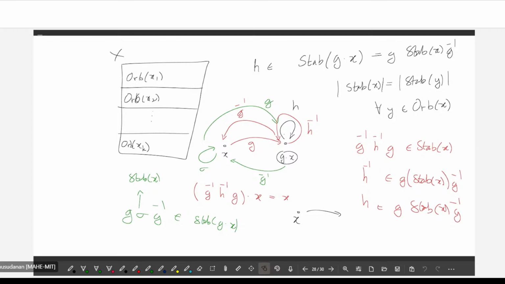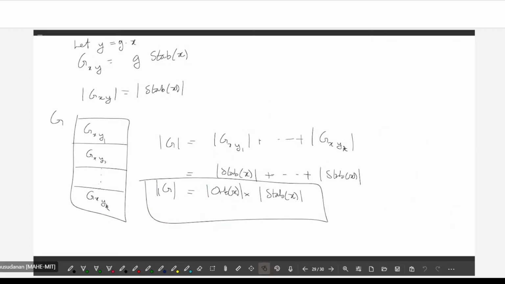Then we've defined orbits and stabilizers and proved the orbit stabilizer lemma, a very quick proof, which says that the order of the group is equal to the length of the orbit times the order of the stabilizer for any point x. So orbit and stabilizer are defined for a point, not for the entire action. Whatever x you take, you get an orbit of x and a stabilizer of x.